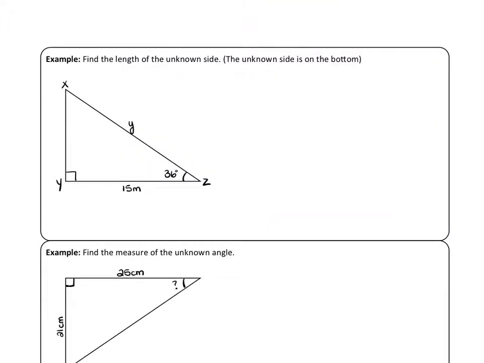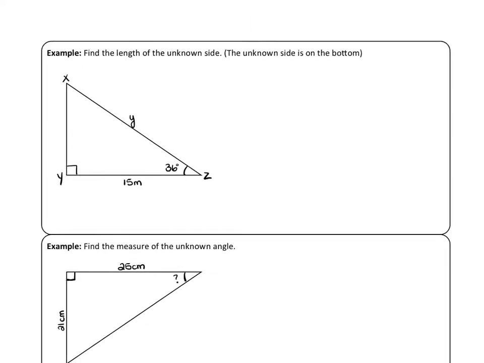Moving to the second side of the page, I'm going to try another example. I'm going to show you what happens when the unknown is on the bottom. So again, we're going to label the sides. This is 36 here, so our opposite is across over here. Our adjacent is here, and our hypotenuse is here.